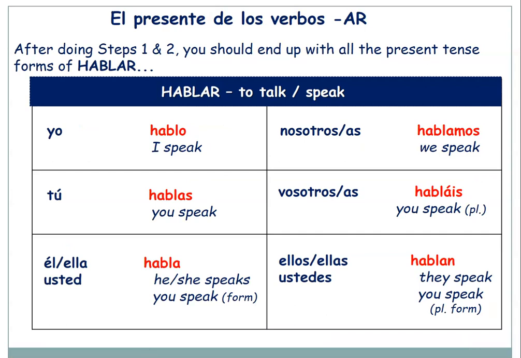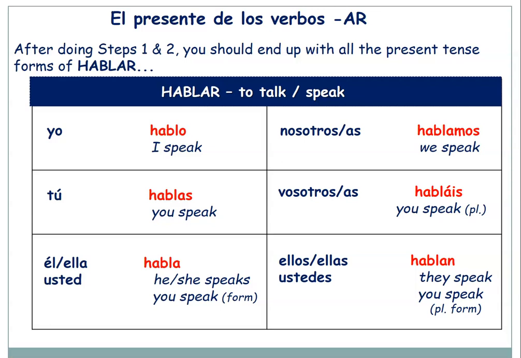After doing steps 1 and 2, you should end up with all the present tense forms of hablar. For hablar, which means to talk or to speak, yo hablo, I speak or I talk. Tú hablas, you speak or you talk. Él, ella, usted habla, he or she speaks or you speak formal.